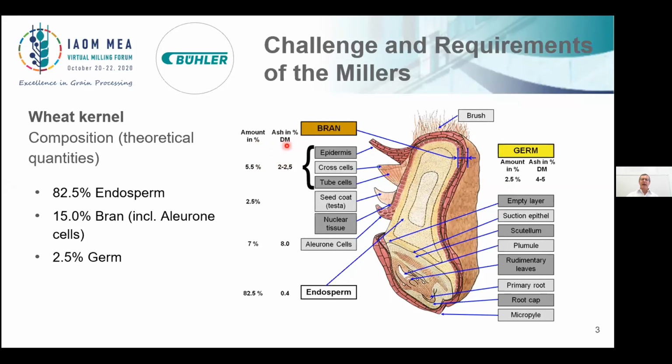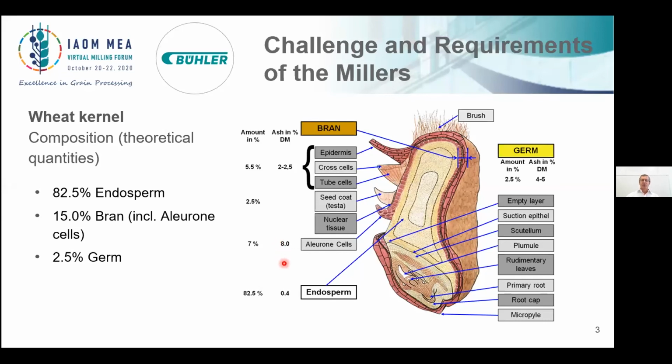So if you look at the ash content, you find the endosperm around 0.4, 0.5, so it's low. If you go on the bran, it's very interesting. The epidermis cross cells, the outer part is 2 to 2.5, but the highest content of ash, means minerals, is the aleurone. So aleurone is key to separate from the flour to get a low ash flour.